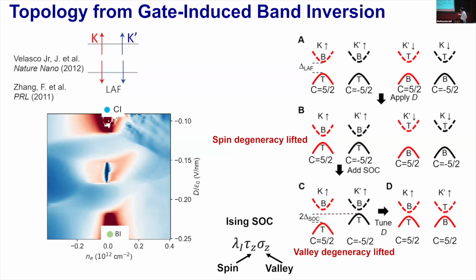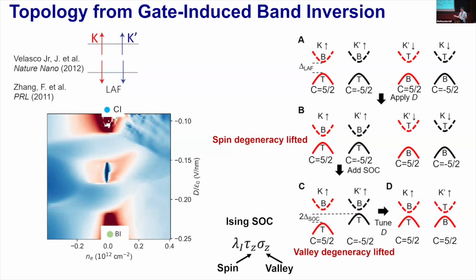We can close the K prime band gap and reopen it. When that happens, the Chern number or the Berry curvature of the conduction and valence band is swapped. So I eventually have a state like this, where both the K and the K prime valley have the same sign of Berry curvature, and they will add up to give you that C equals 5 state.